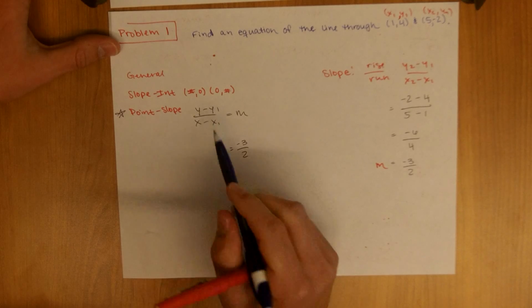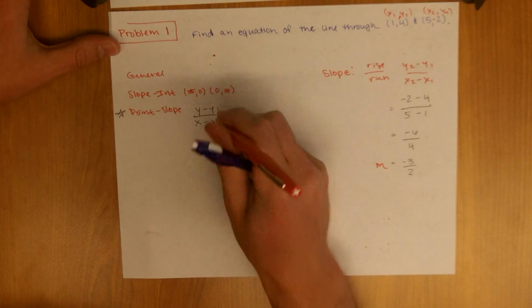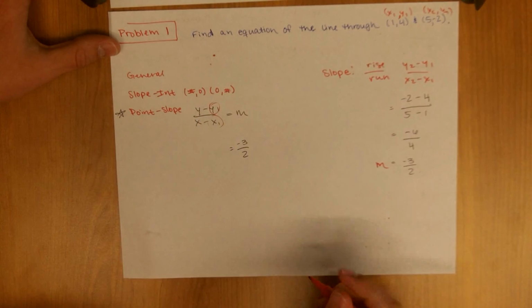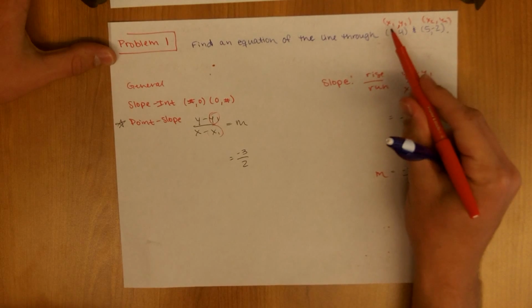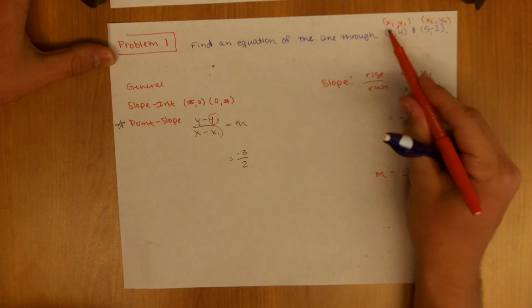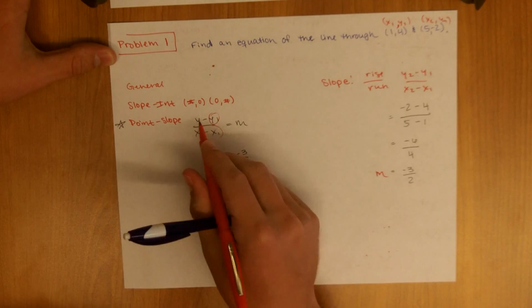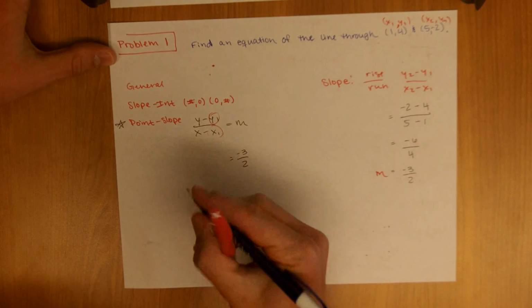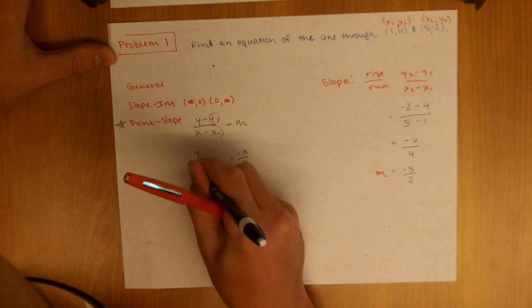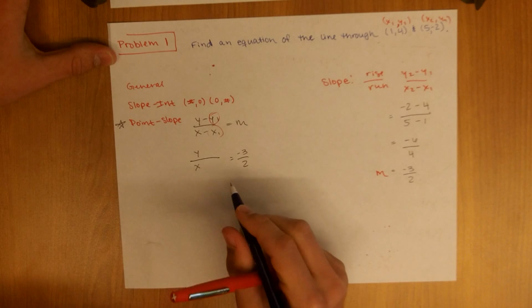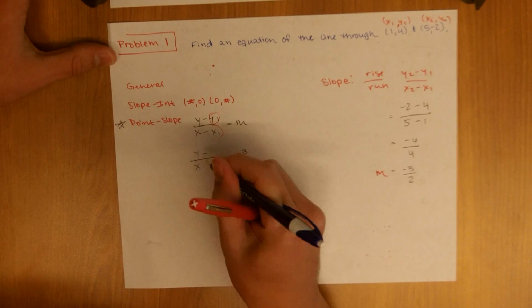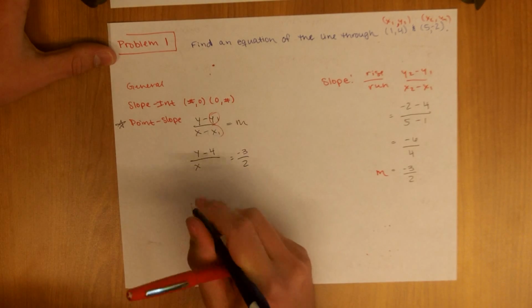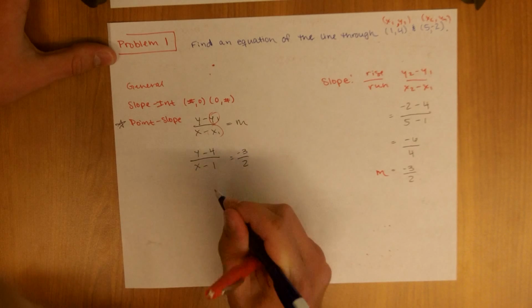Next, we have to remember that y1 and x1, they're just a point. And we kind of labeled it up here already, so let's just use x1 and y1. These first y and x, that first set, those are variables, so those are going to stay the same. So I just rewrite them. And then I put in my point. y1 was 4, x1 was 1.